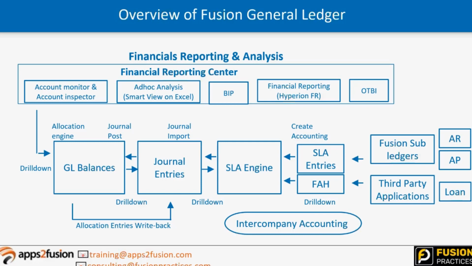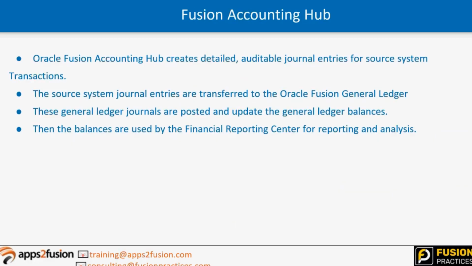We can implement only a third-party application and use only GL and the reporting platforms. We can also implement internal subledgers like AP and AR, and have external subledgers also coming into Fusion applications. It depends on the business scenario, why we are implementing FAH and how we are leveraging the cloud application.